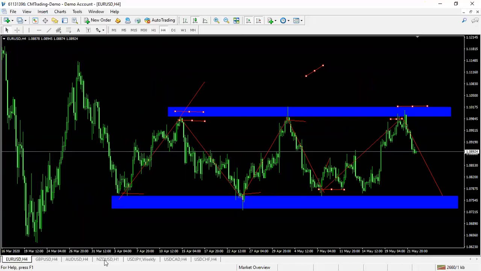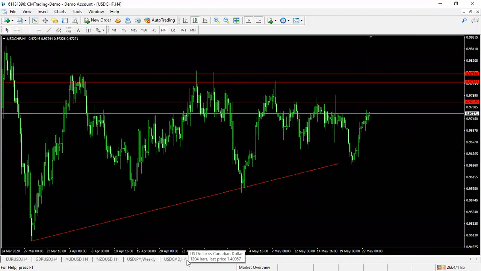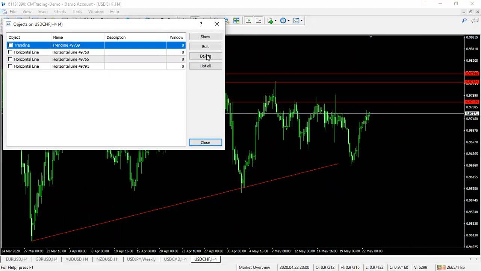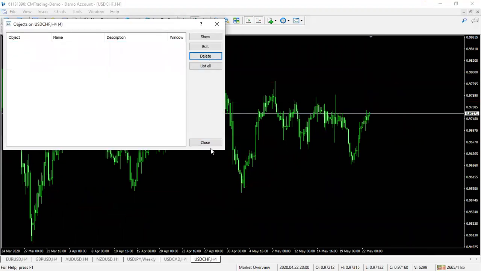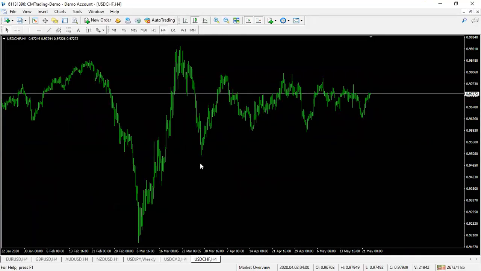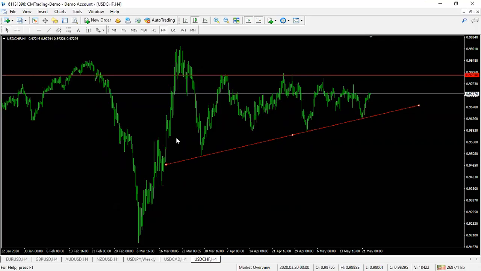Okay, and then let's take for example this chart. So we have this, there's an uptrend, some sort of an uptrend, not the best fit, so let's change that. We have that point, then we have this point, you can see that.